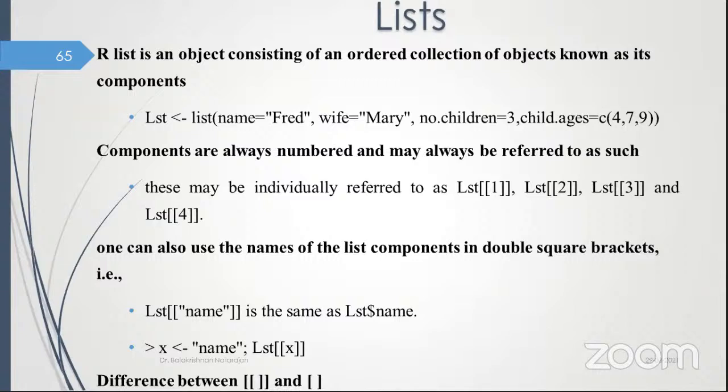So it can comprise several types of data: text or string, numeric values, or alphanumeric values. All of these are comprised in a single list.